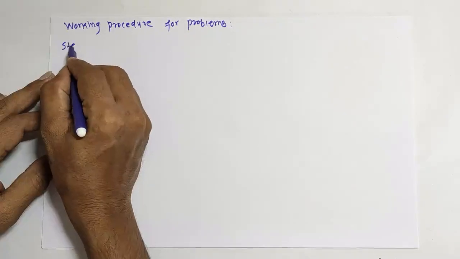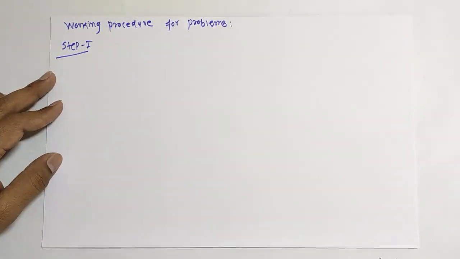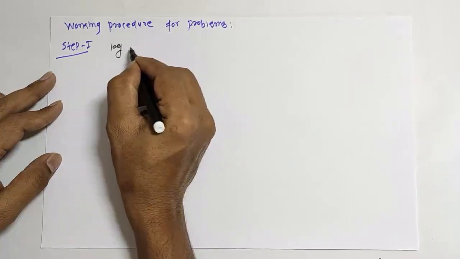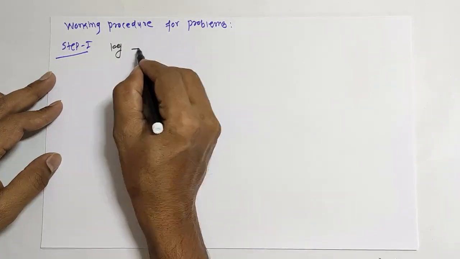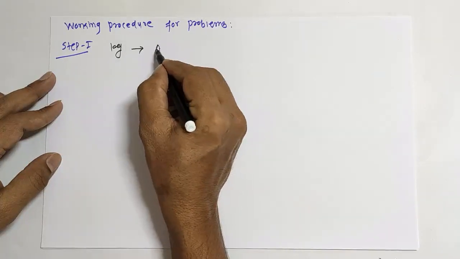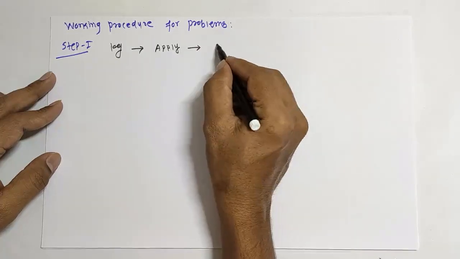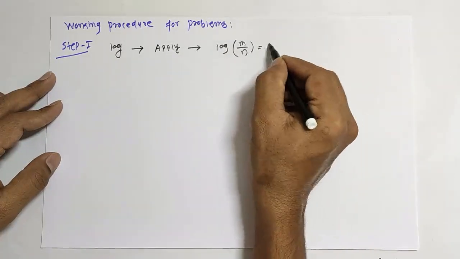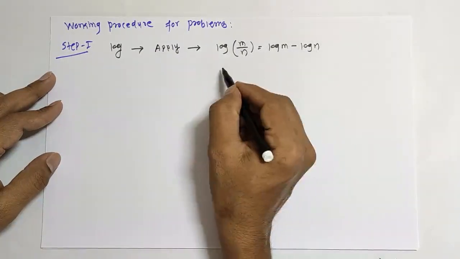Step 1. In case of logarithmic functions, we apply the properties of logarithm. What are the properties of logarithm? Log of m by n, you can write log of m minus log of n.